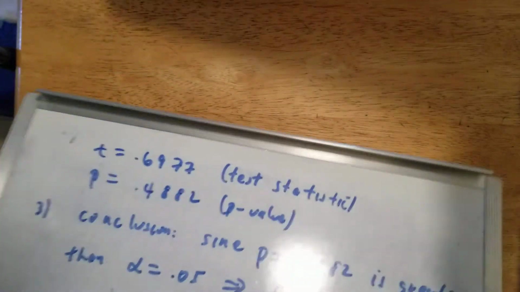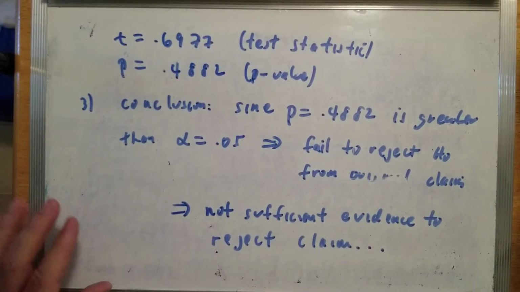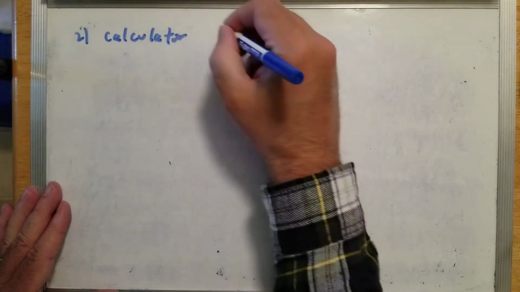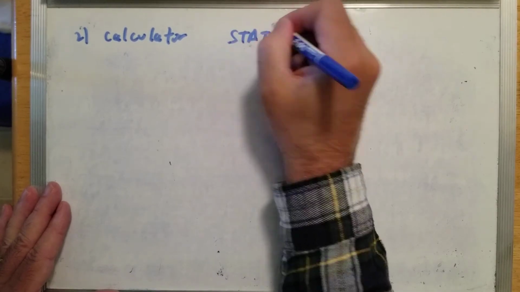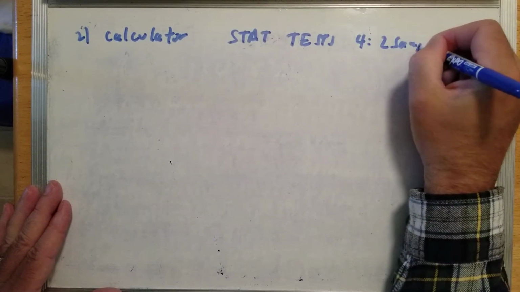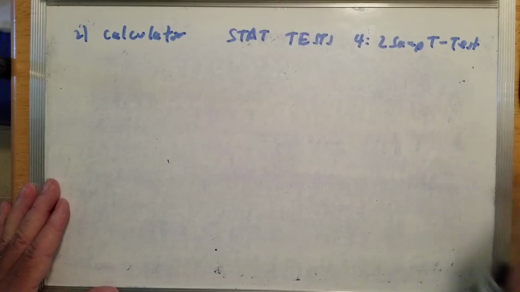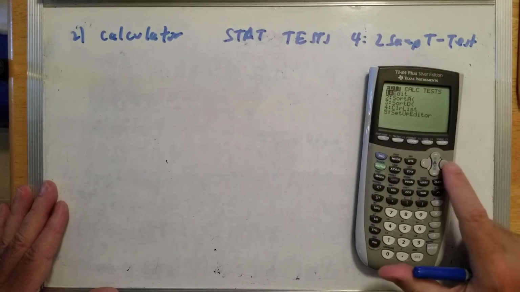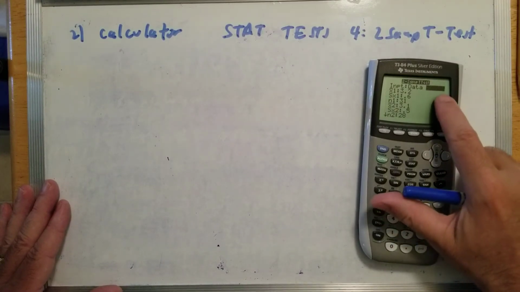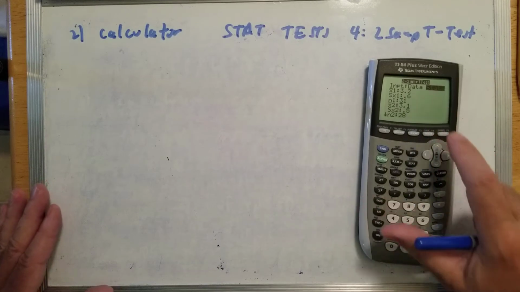The calculator. So number 2, the calculator. I'm going to press stat, tests, number 4, 2-SampTTest, using the stats option, and now I'm going to enter the data.